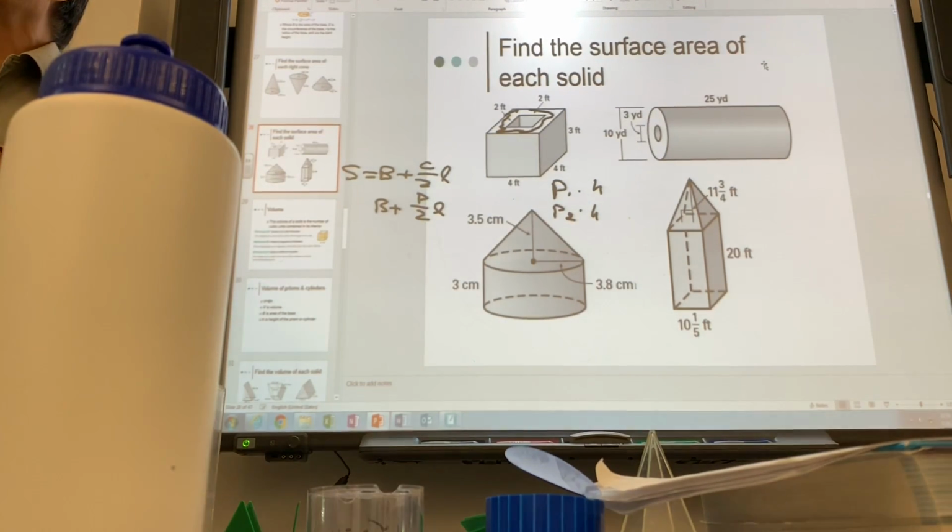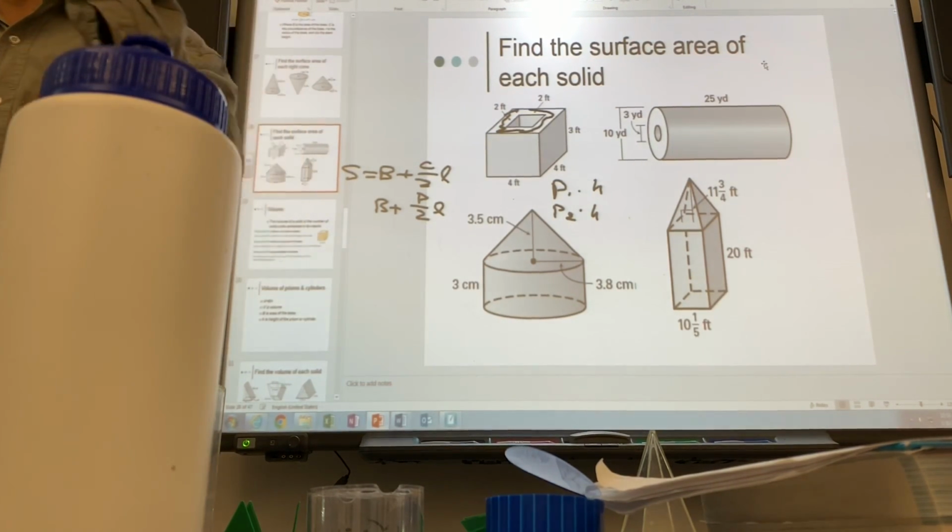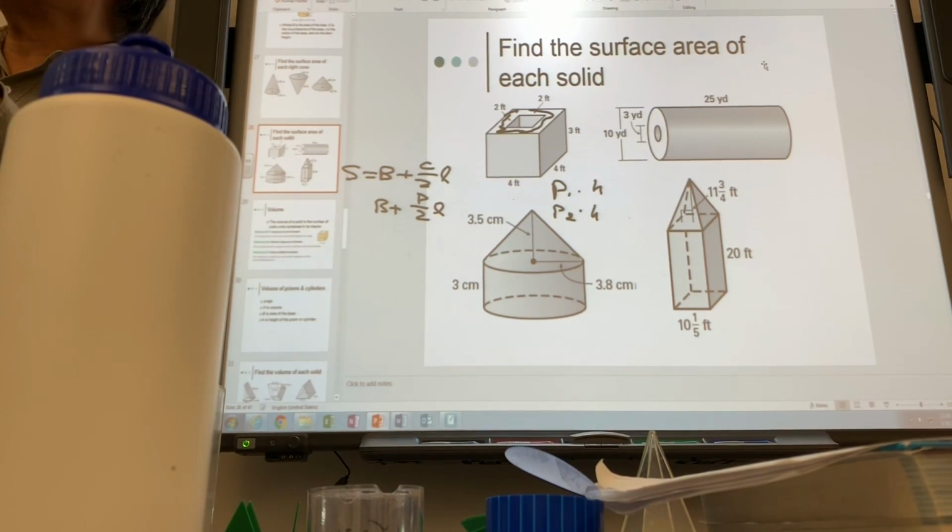But when you put them together, how many bases do we have? Just 1 base. Those 2 bases that touch are not surface area. This is only 1 base, plus lateral for the cylinder and lateral for the cone.